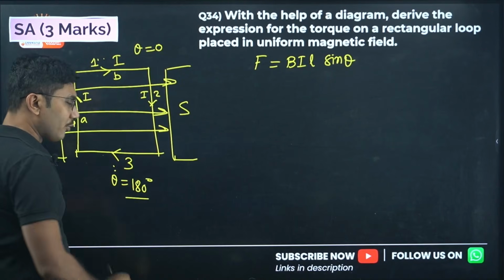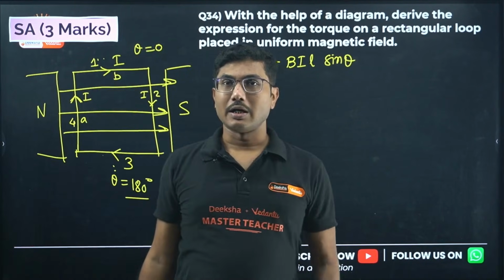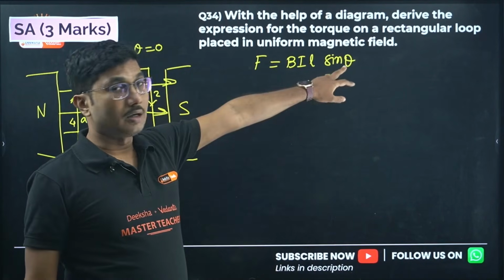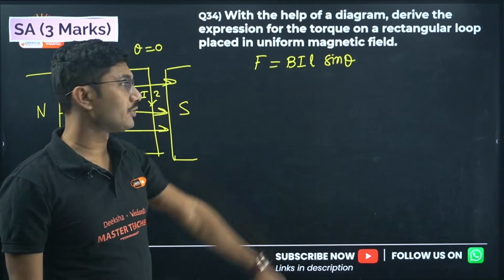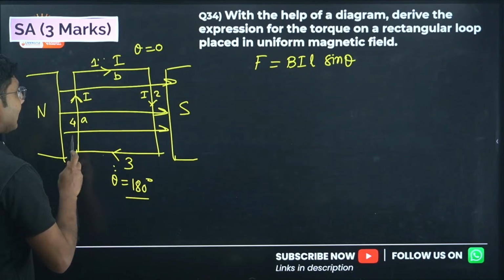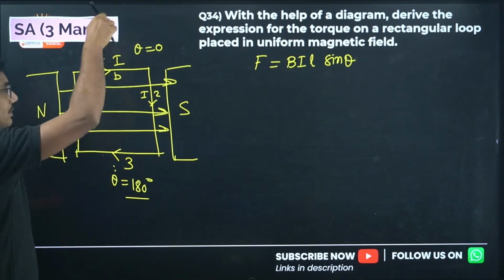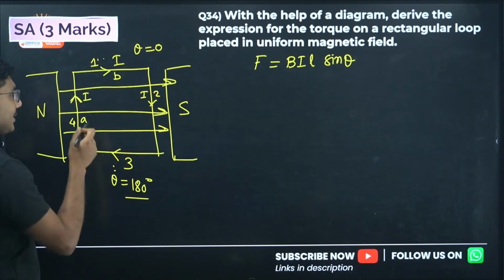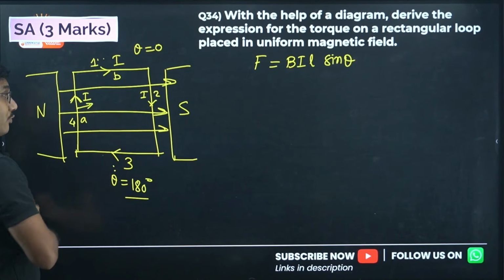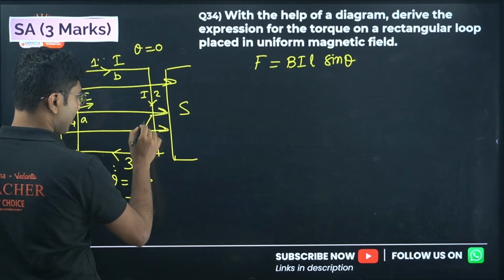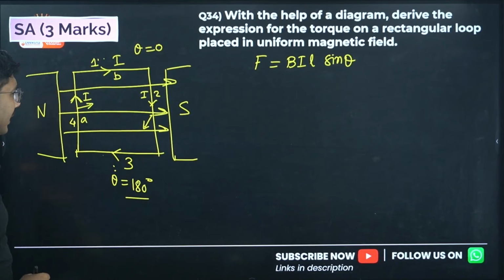If theta is 0 or 180 degrees, in both cases it will be 0, right? Sine 0 is 0, sine 180 degrees is also 0. For wires 2 and 4, the angle is 90 degrees in both cases but in opposite directions. So in one case there will be a force in the upward direction, and in the other case a force in the downward direction.